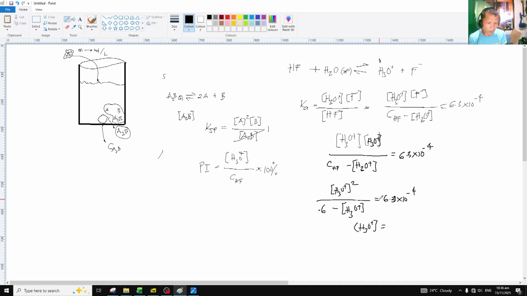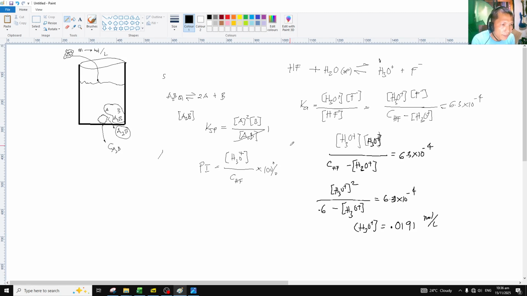Shift solve. So we have the H3O plus, positive, 0.0191 mole per liter.